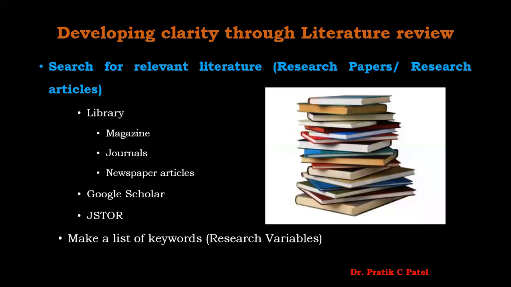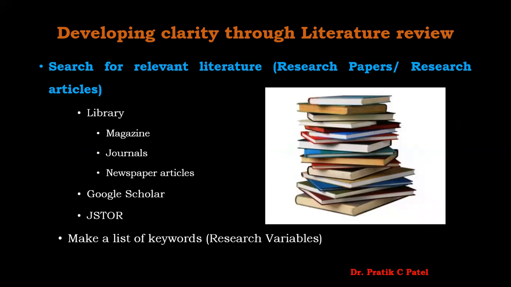Once you are done with your research topic, next is writing research objectives. What exactly you would like to achieve through this research. This gives you a sense of direction. Now, research objectives you would be able to write when you have some clarity.